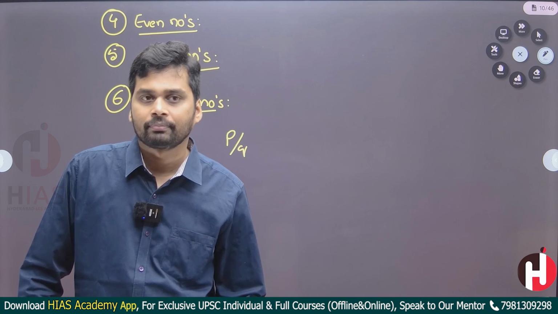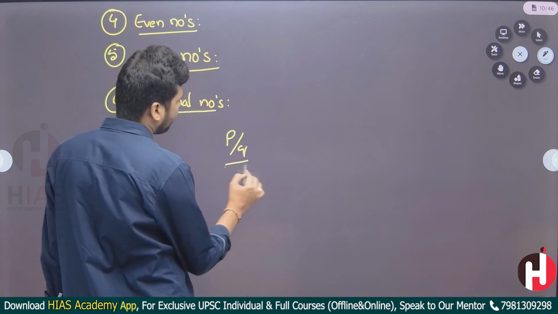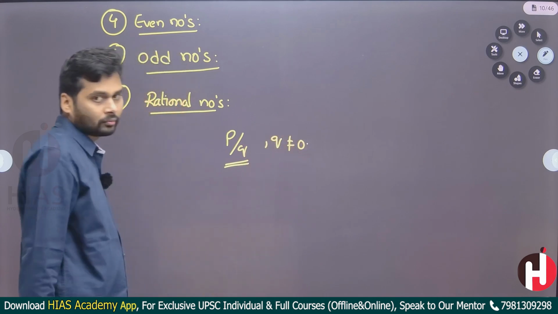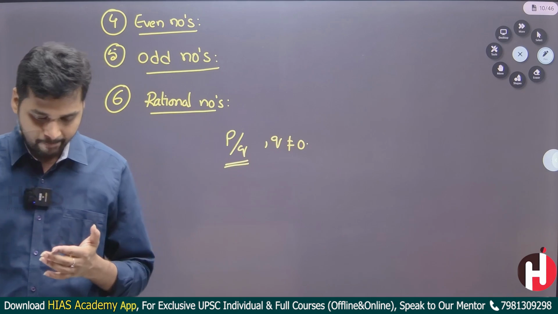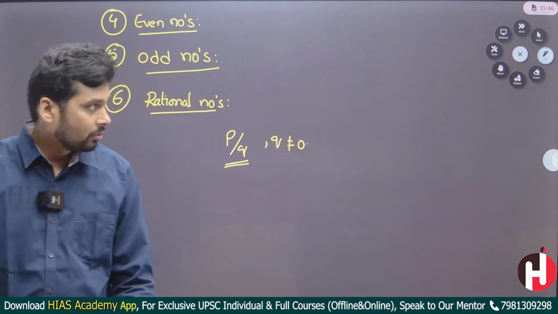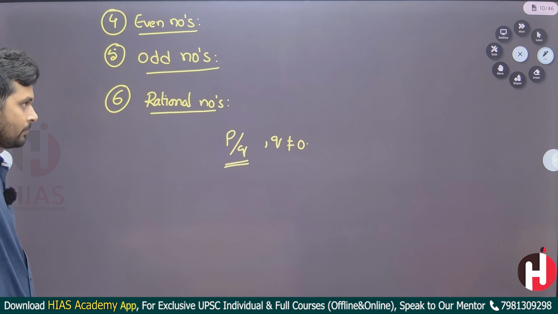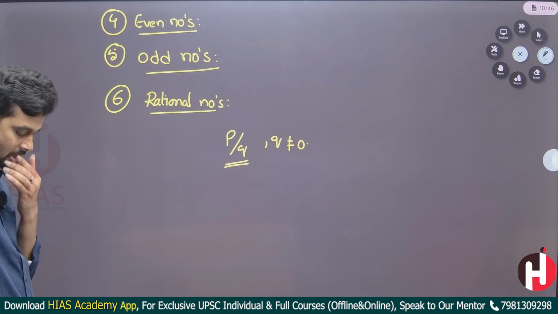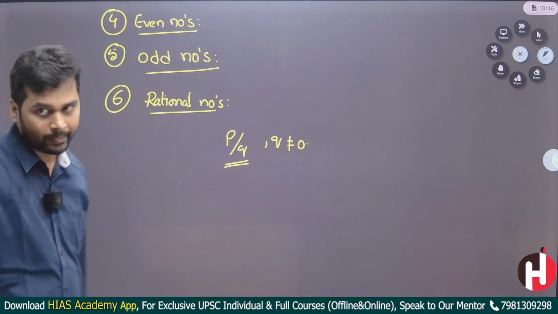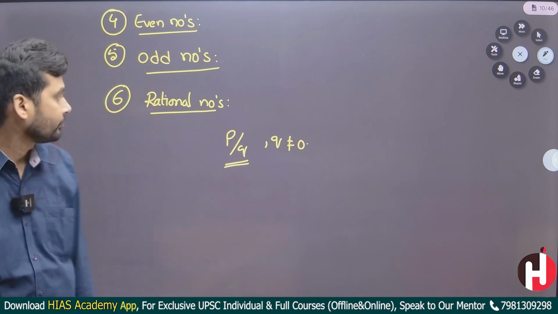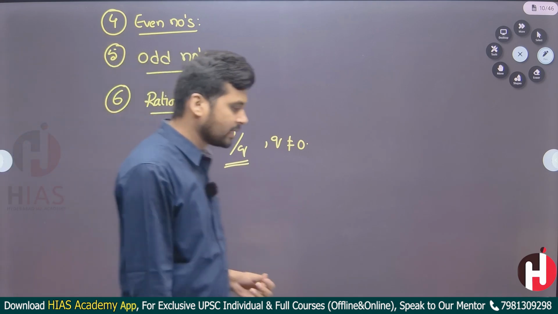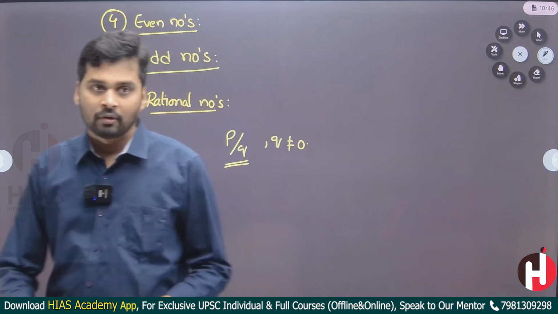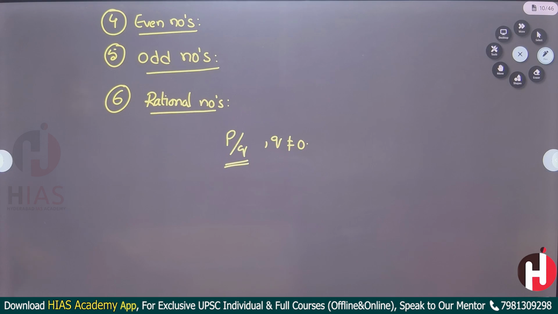Any number which can be written in the form of P by Q, where Q not equal to 0, are called rational numbers. So what is the definition? Any number which can be written in the form of P by Q, where Q not equal to 0, are called rational numbers.